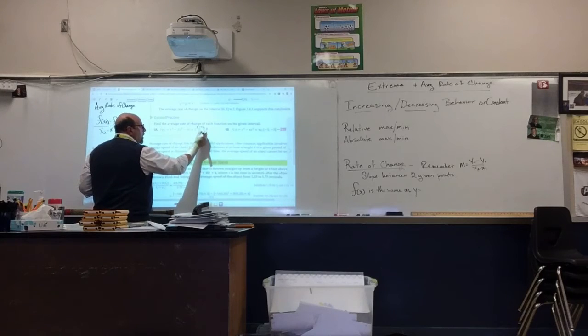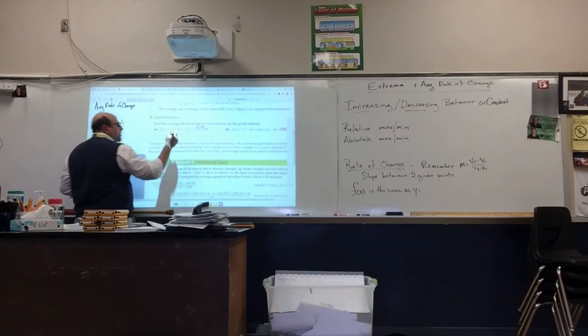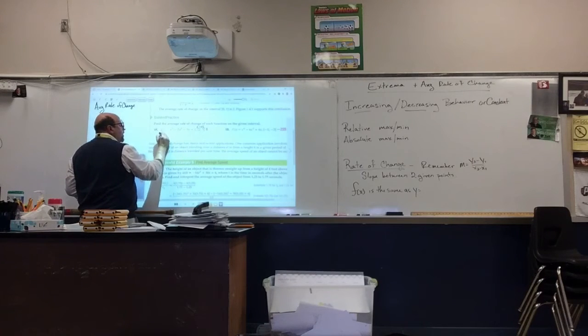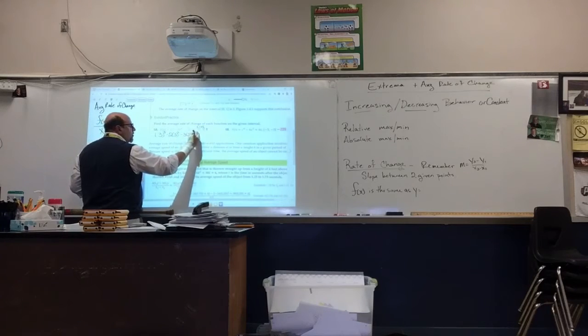So we're going to first find a y value for our second x. So we're going to say 3 cubed minus 2 times 3 squared minus 3 times 3 plus 2.